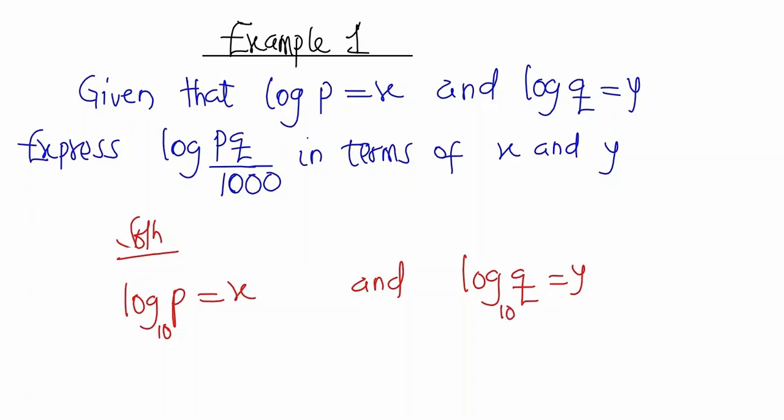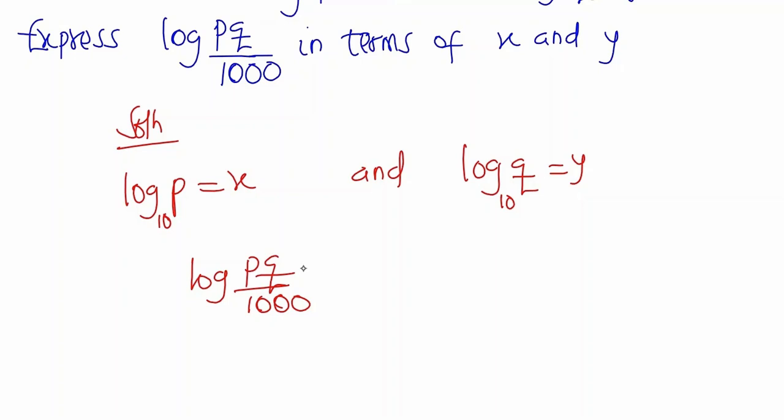Now we want to find log pq divided by 1000. So it simply means that we have to apply the laws of logarithms. This is a logarithm which has been written as a single logarithm, and we can apply the laws of logarithm to expand it.